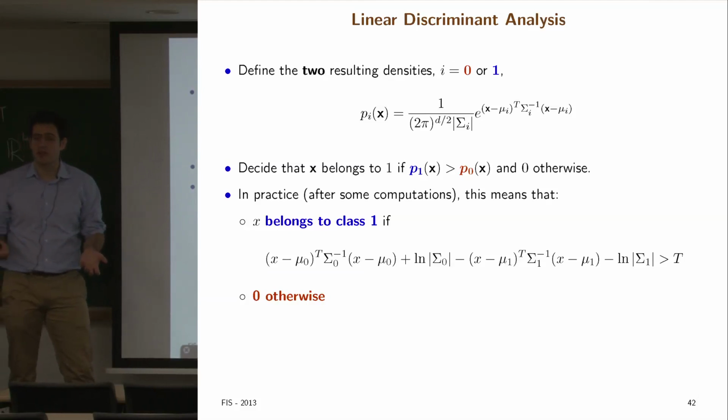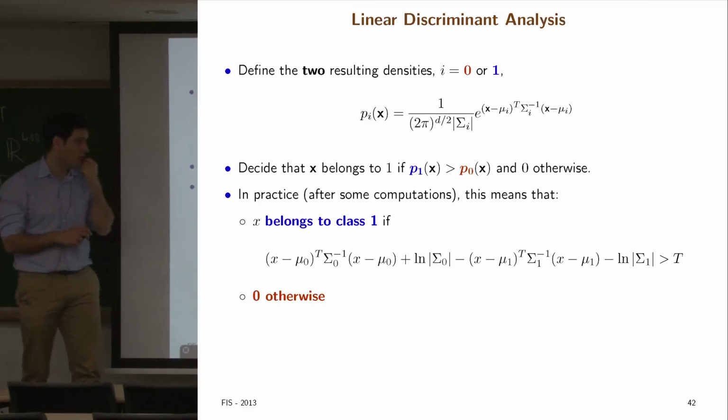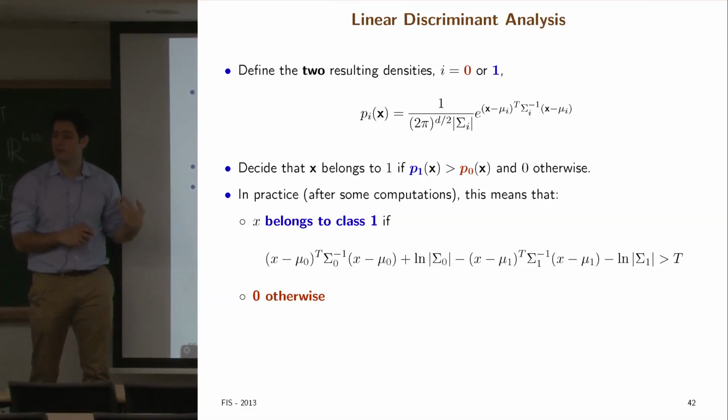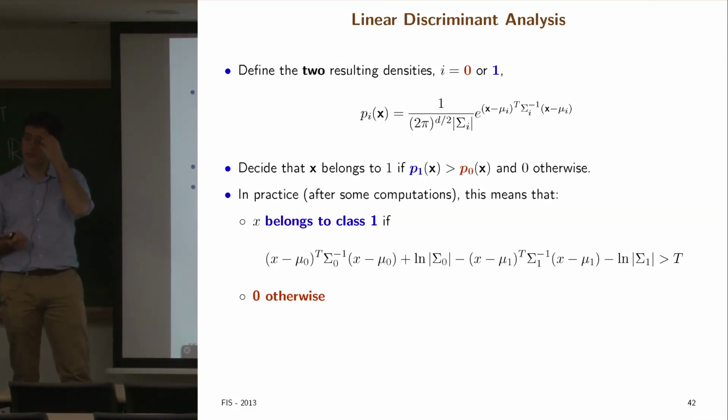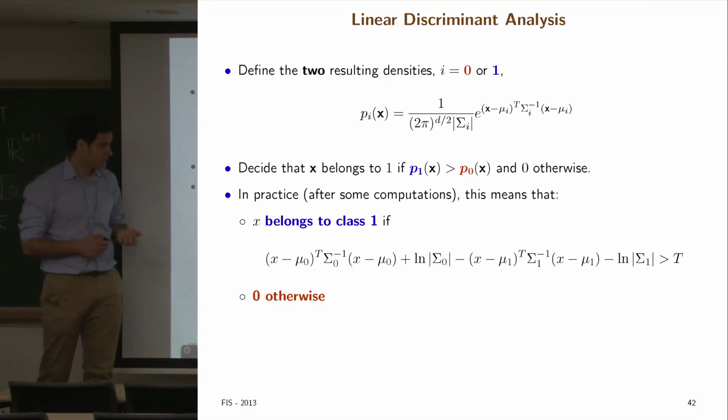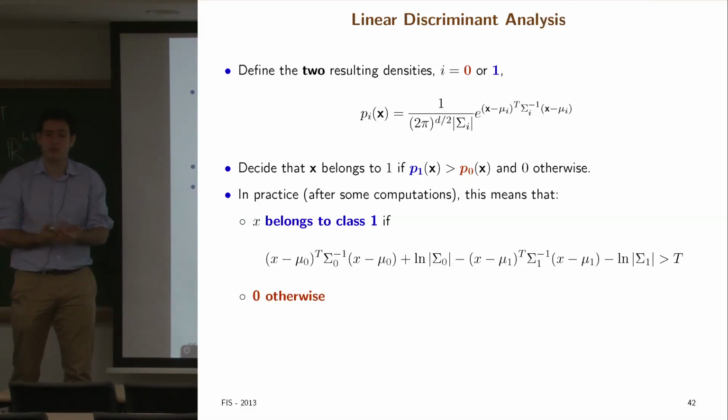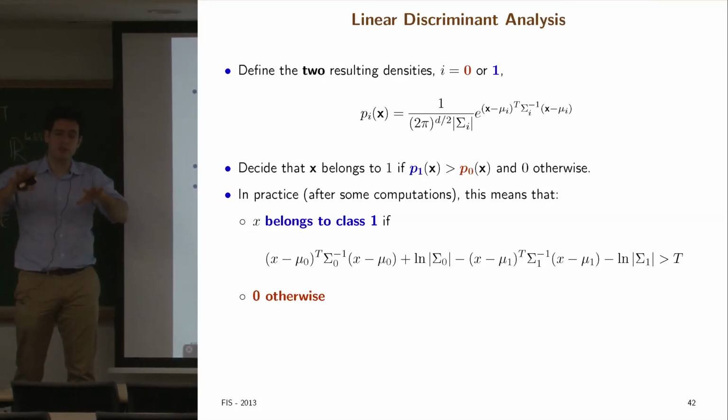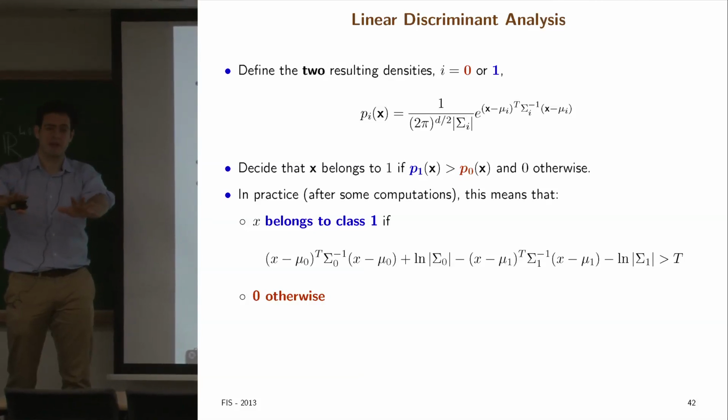And what you do is very easy now. You just say that a new point that you haven't observed before belongs to class 1 if the probability for 1 is higher than the probability for 0. This is called a generative approach. You assume that your points have been generated by a model.